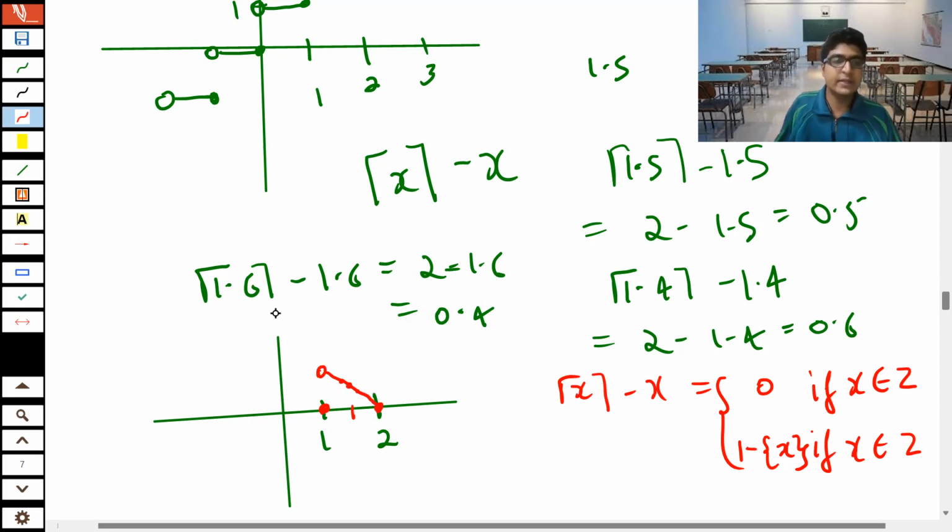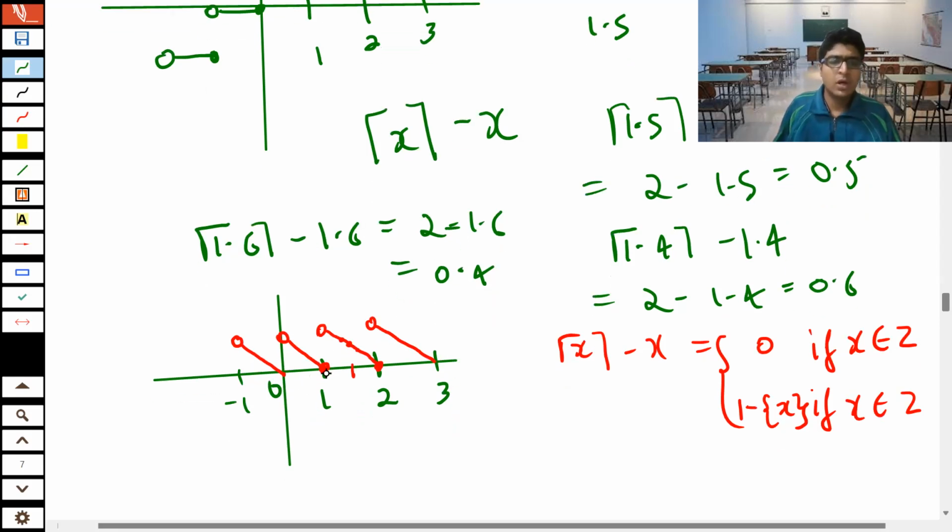Okay, similarly between 2 and 3, the graph will look like this. For 2 it will be 0. Okay, and it will look like this. Okay, so you can repeat this pattern and you will get this. Okay, so this will look like this. You can check it for all other numbers as well.